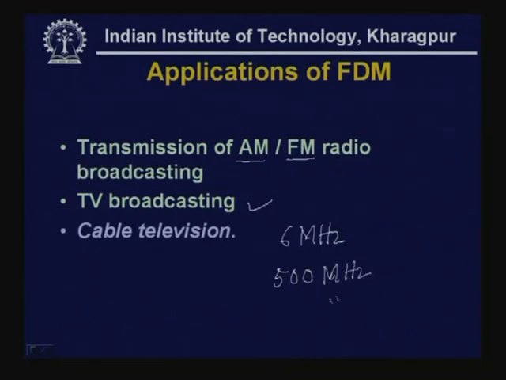So, through a single coaxial cable that is being used for cable television, you can send as many as 100 different channels, and then you can separate out with the help of the tuners in the receiver, which are nothing but band pass filters.